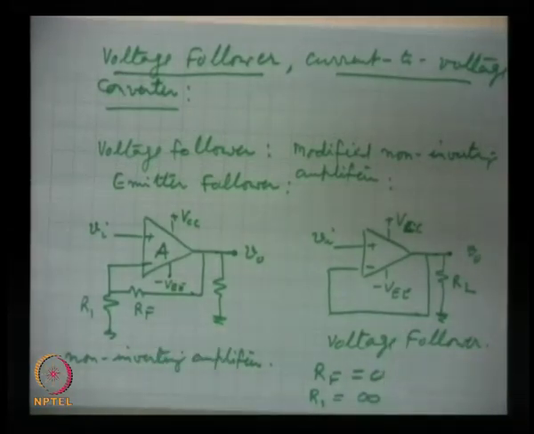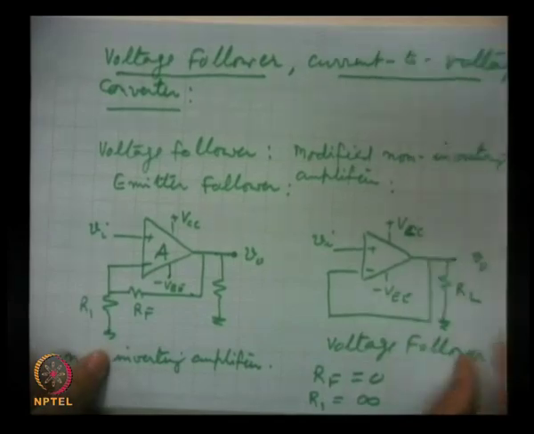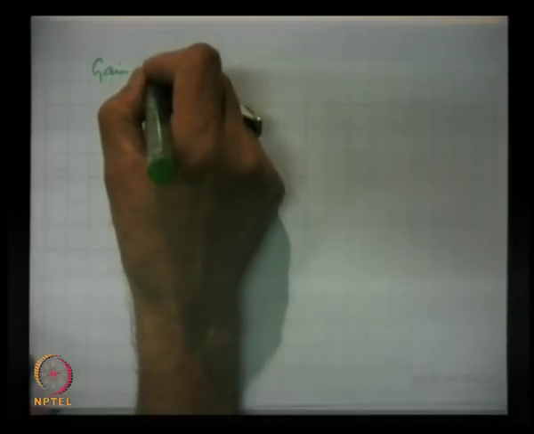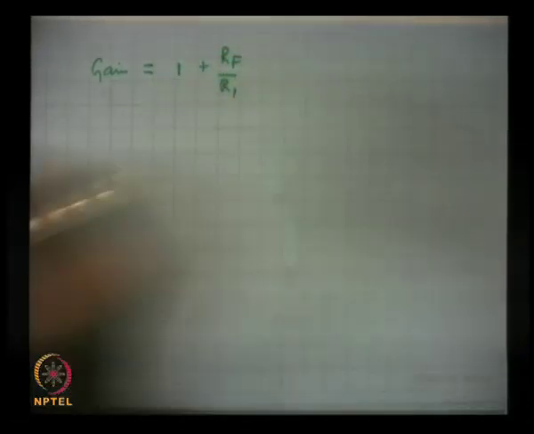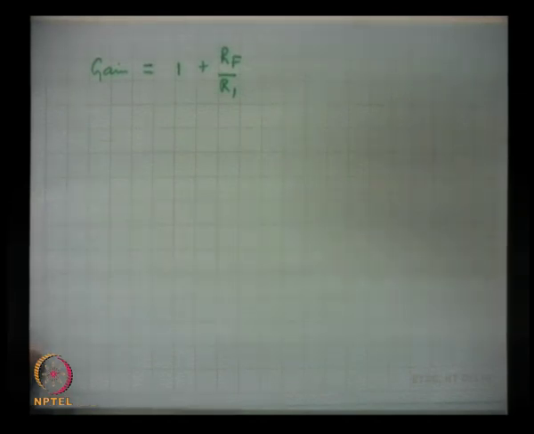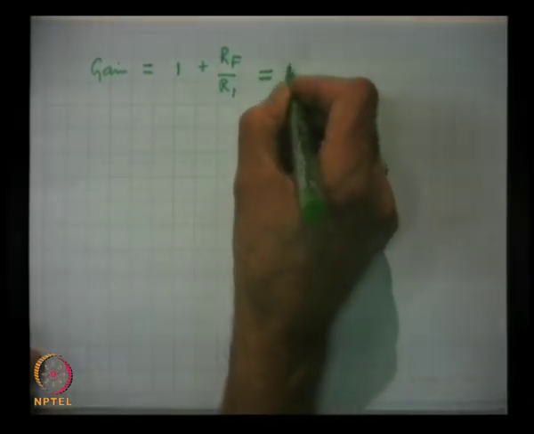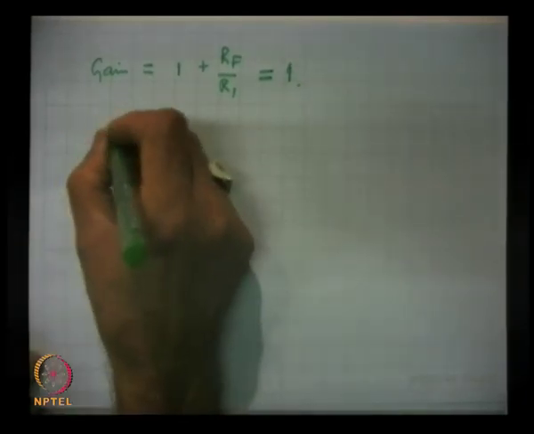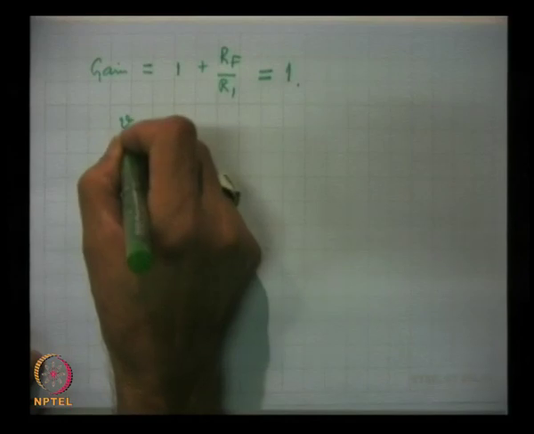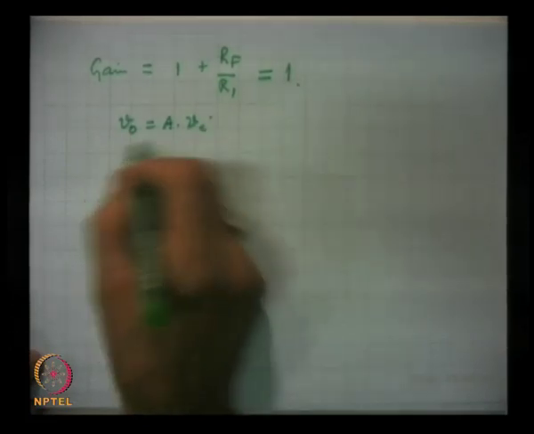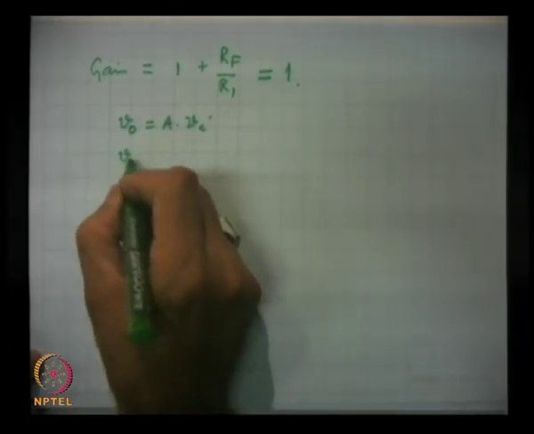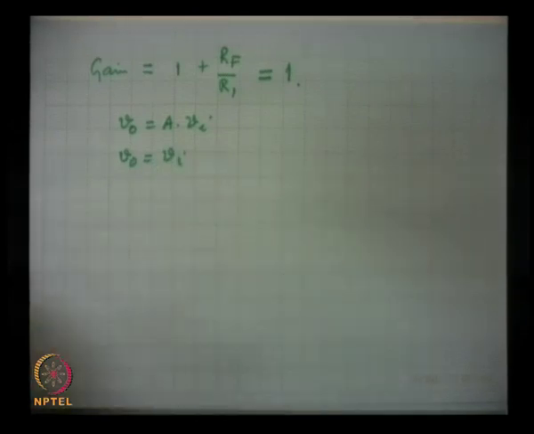The circuit is reduced to this, and the gain of the non-inverting amplifier is 1 plus RF by R1. When RF is 0, this is reduced to 1. When gain is 1, V out is gain into V in, and since this gain is 1, V out is equal to VI.